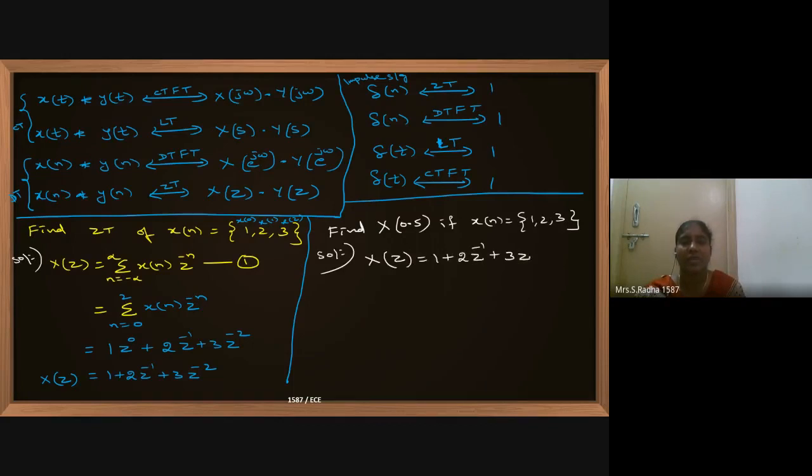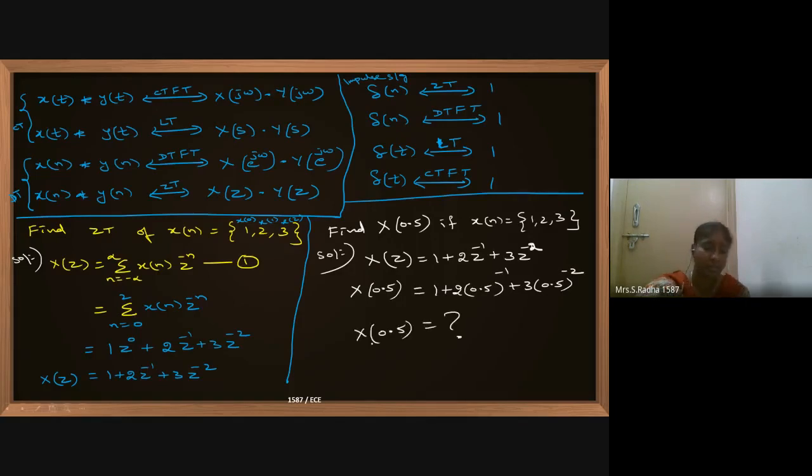So wherever z is there, put 0.5. They are asking X of 0.5. So wherever z is there, put 0.5, 1 plus 2 into 0.5 whole inverse plus 3 into 0.5 whole power minus 2. Simplify. What is the final numerical answer? Okay, this is one model they may be asking.